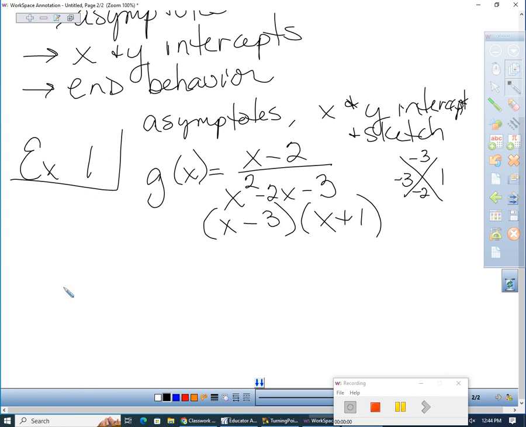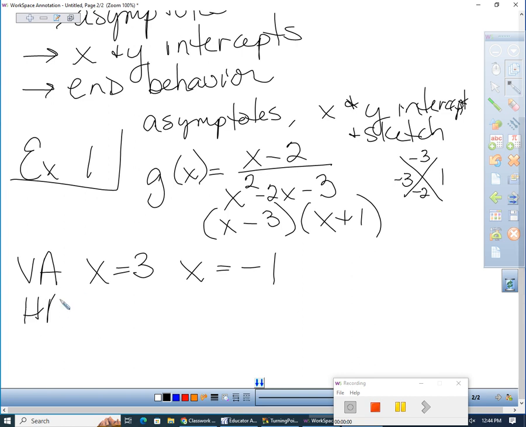No, so we have no holes in our graph, right? We have vertical asymptotes at x equals, what makes this one 0? 3. And at x equals, what makes this one 0? Negative 1. Good. So we have no questions how to find vertical asymptotes. We've been doing that a long time, right?